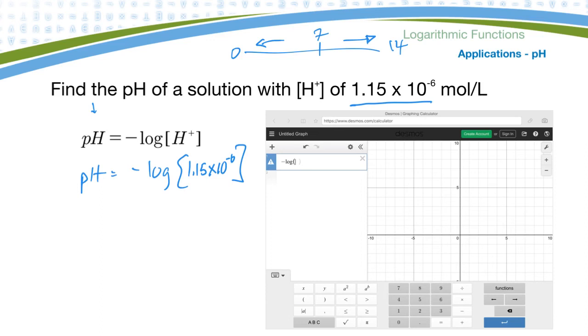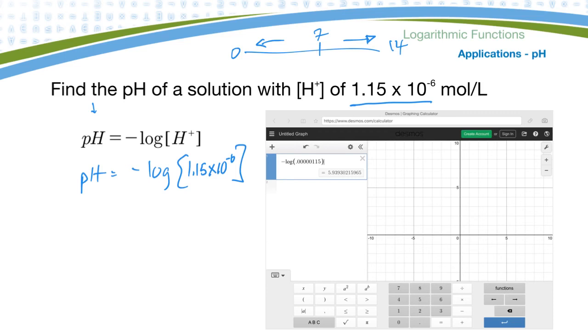So it'll be 0.00, I need 5 zeros, I think, 1, 1, 5. Oh, I didn't get the 1, 1, 5 in. There we go. I'm finding with this, I often miss hitting a digit, so just be careful, always double check. There, so I've plugged that in.